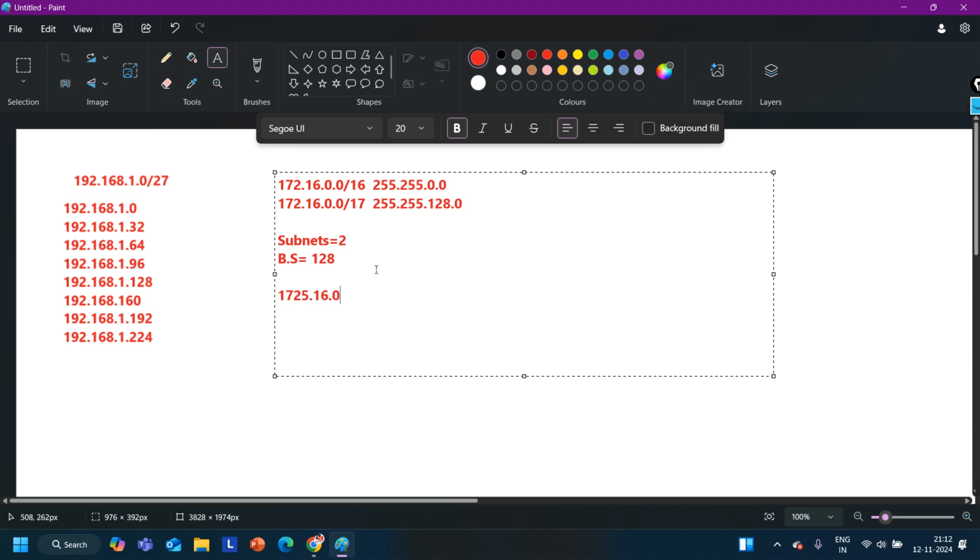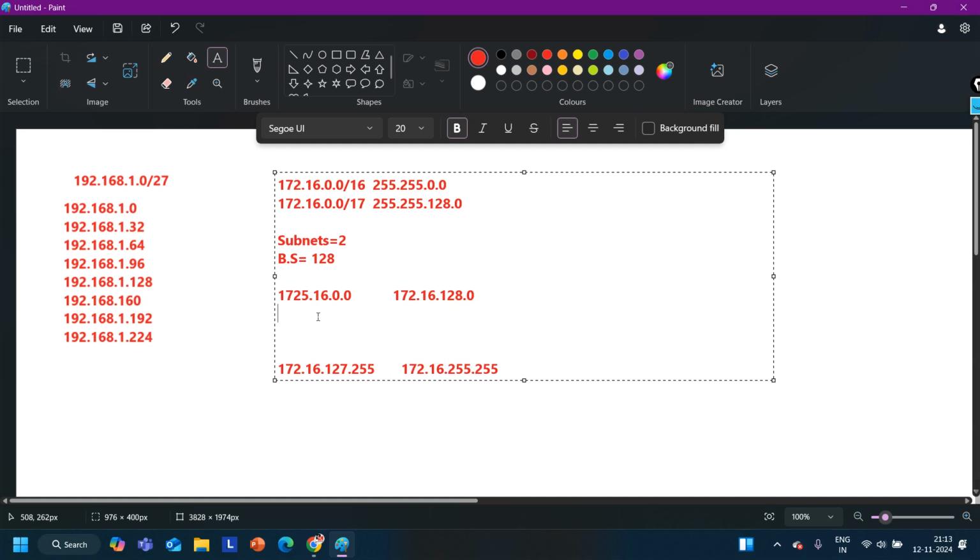First network 172.16.0.0. Second subnet: where will we add the block size? We add it in the octet where the last network bit is present, which is the third octet. So here we say 172.16.128.0. What will be the broadcast ID of the first subnet? 172.16.127.255.